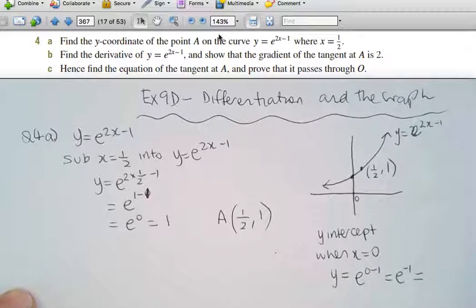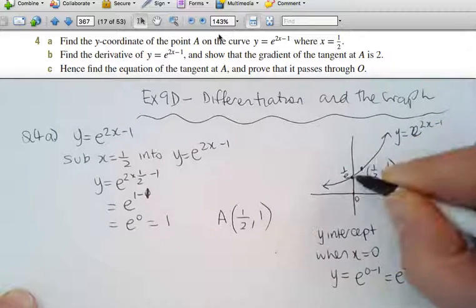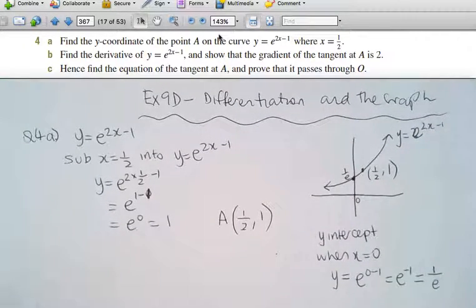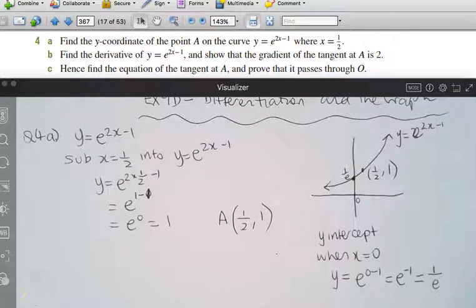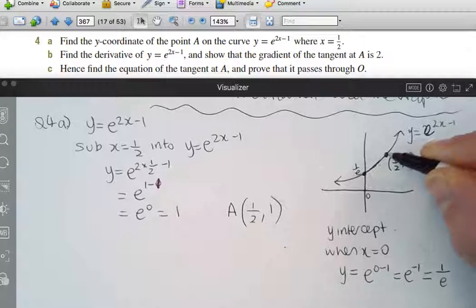Can you write that as a fraction for me? 1 over e. So that's actually my y-intercept, 1 on e. Now 1 on e is about a third, so my other point should be a bit higher. So it's got coordinate 0, 1 on e. This is when x is a half, y is 1.